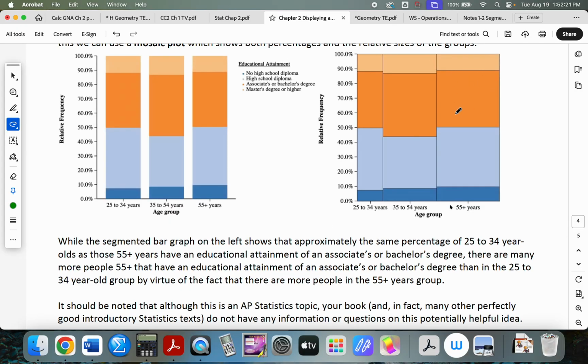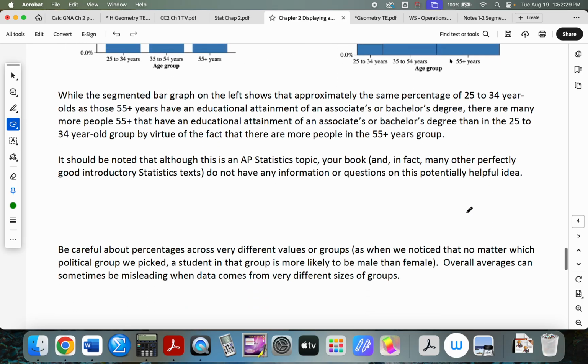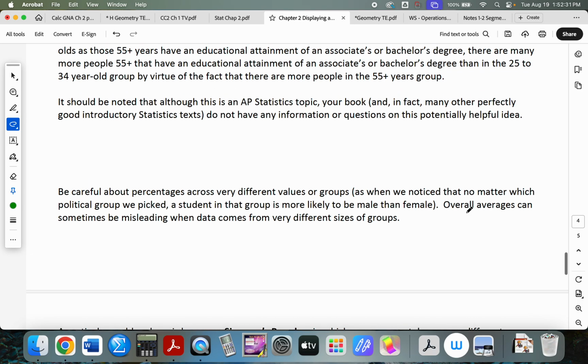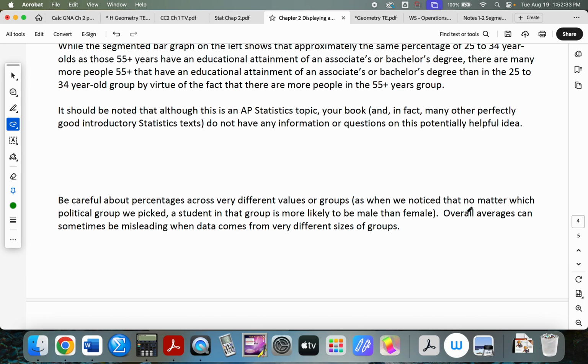The bigger the area, the more people there are in this case, right? Or the more whatever there are. All right, so be careful about percentages across very different values or groups. So like when we looked at the political group, a student group is more likely to be male than female.